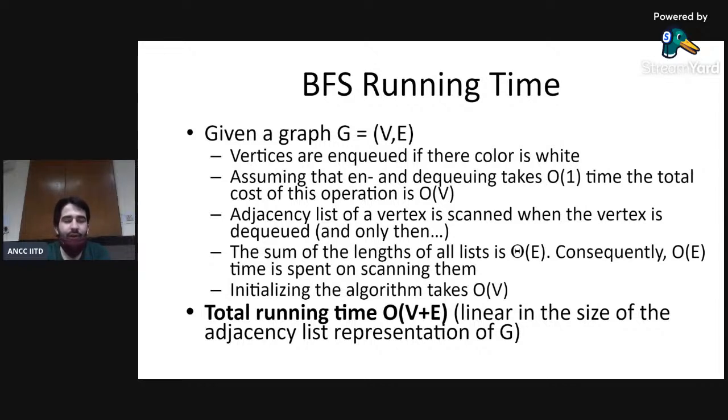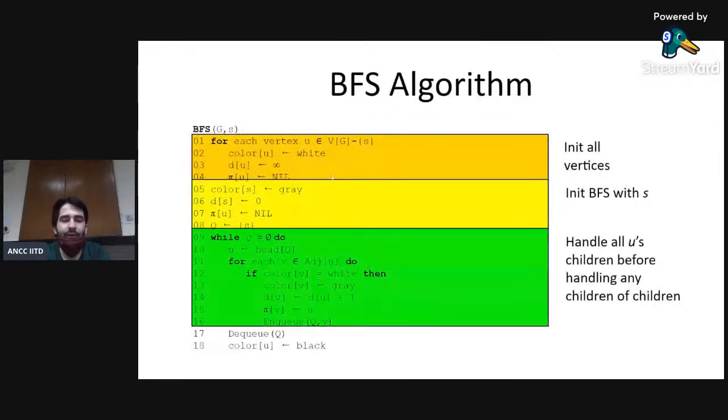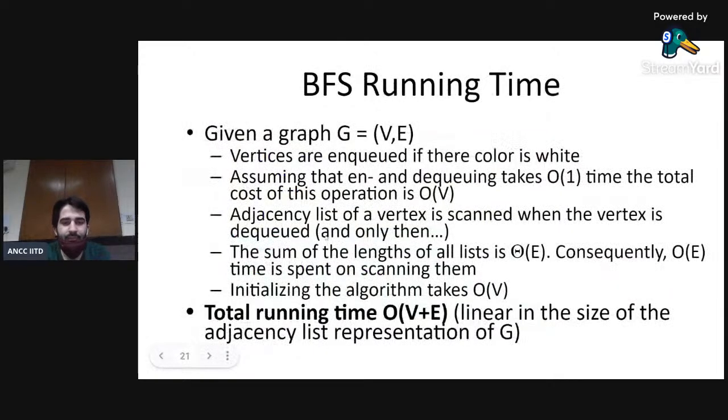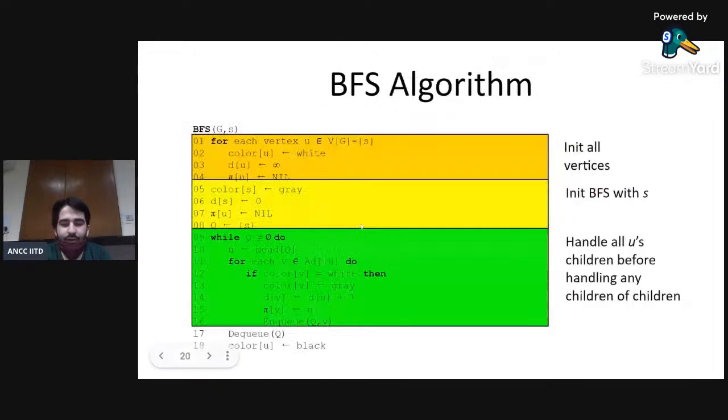Also once the vertex is colored gray or black, it is never colored white again. So this enqueue step will take a total of O of V time. Additionally, all these other steps will also take O of V time each.